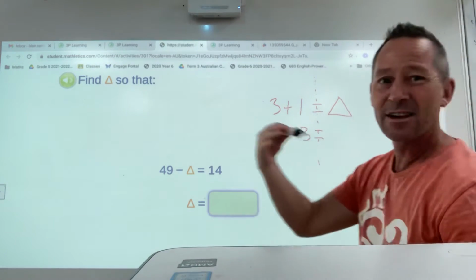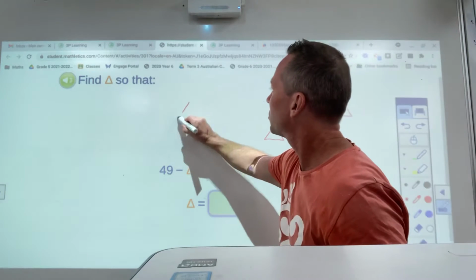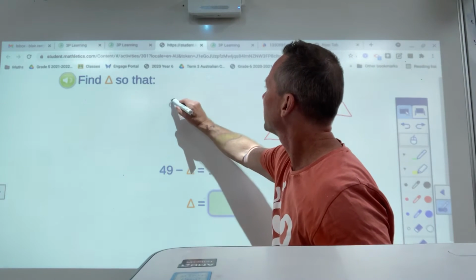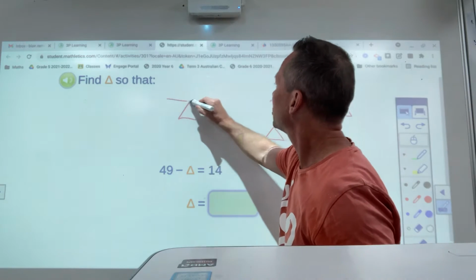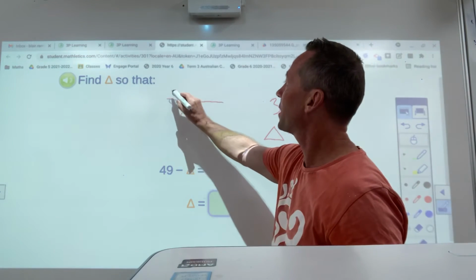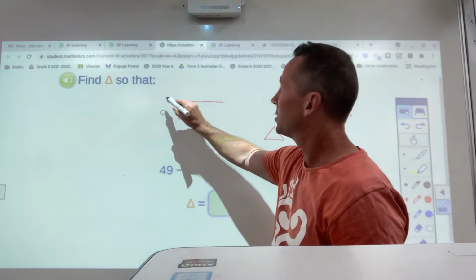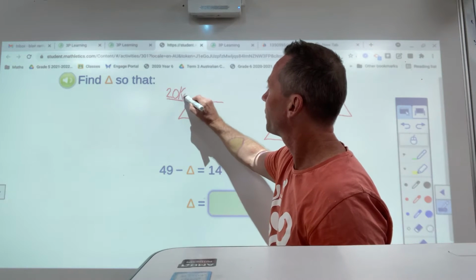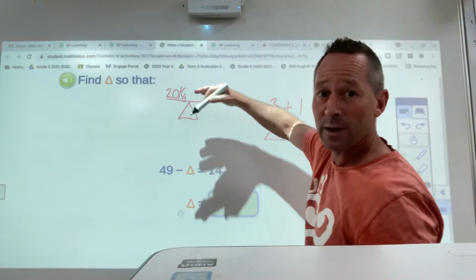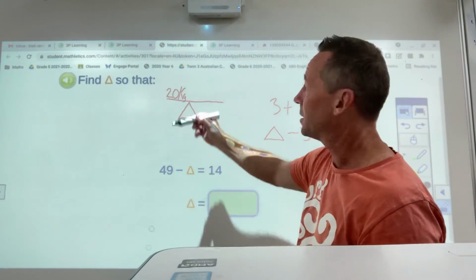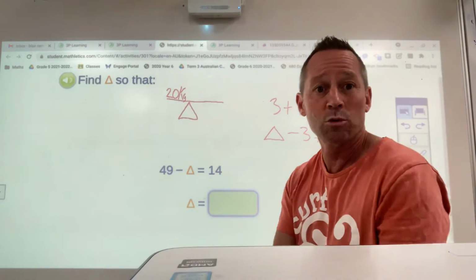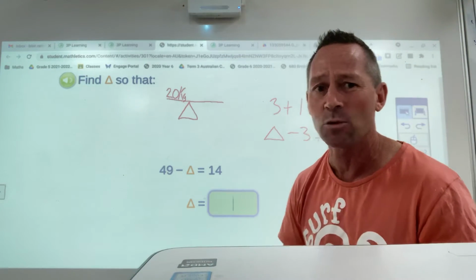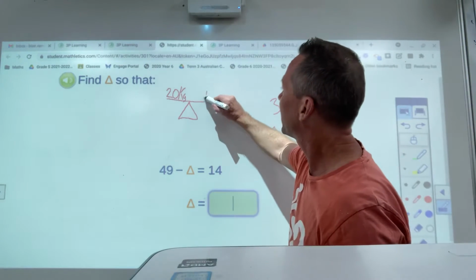So think of it as a seesaw. You've got a seesaw and it should be balanced. So if you've got someone over here that is 20 kilos, this side, if it's balanced, would equal 20 kilos. And you might have 2 small children, very light. One could be 10 kilograms.